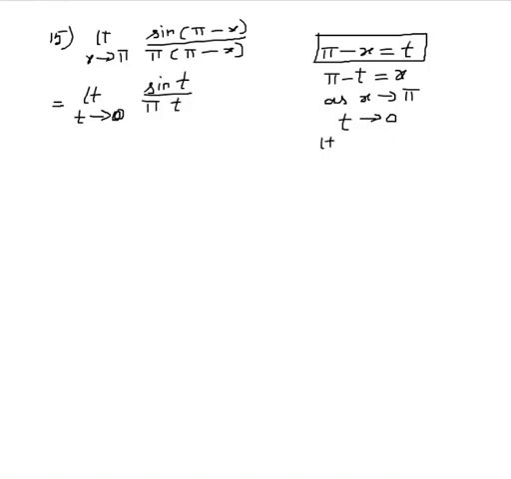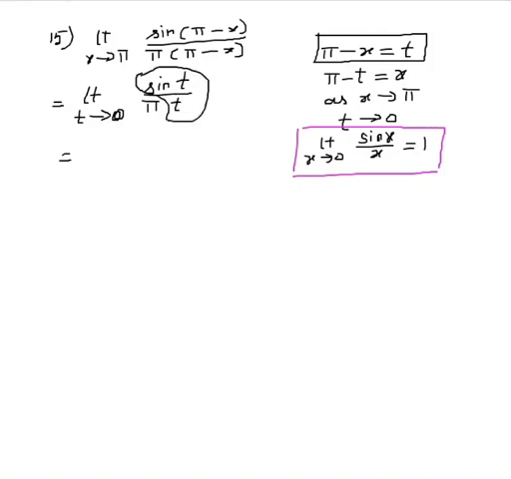And we can apply the formula limit x tending to 0 of sin x divided by x is 1. So limit t tending to 0 of sin t by t becomes 1. Therefore, we will get 1 by pi times 1, which is 1 by pi.